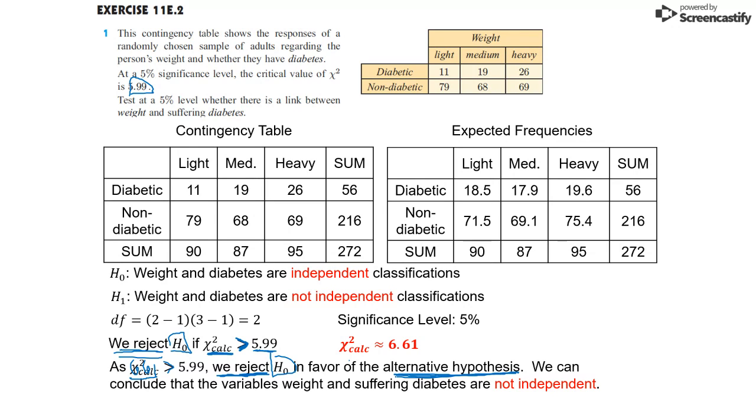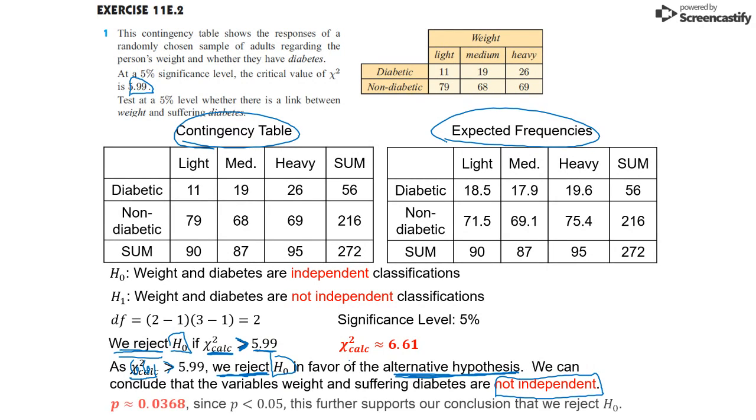And the alternative is that these two things are not independent. That means there is some sort of influence that the one has on the other. Okay, so this test came out that we did reject the null hypothesis in favor of the alternative. That means there was too much of a difference between the observed values and the expected values.